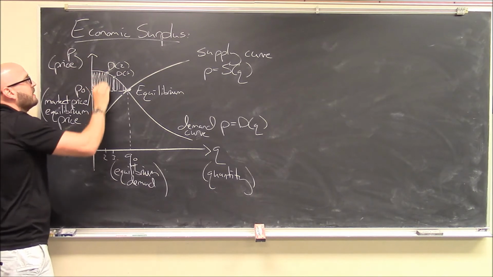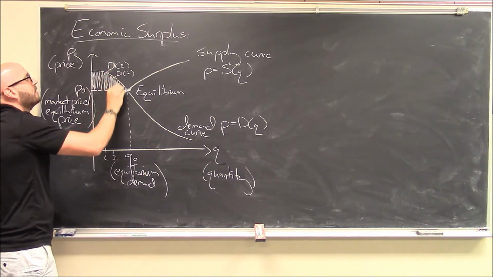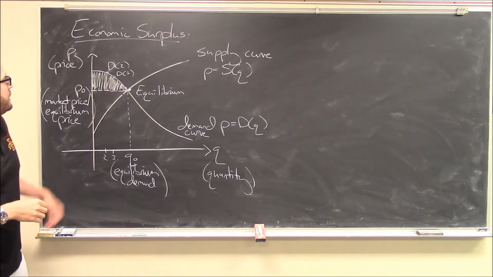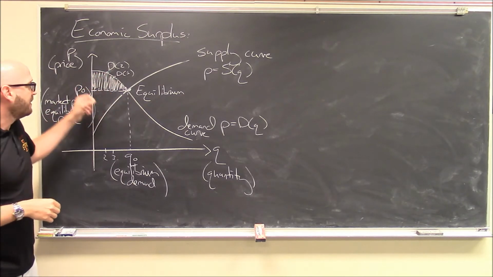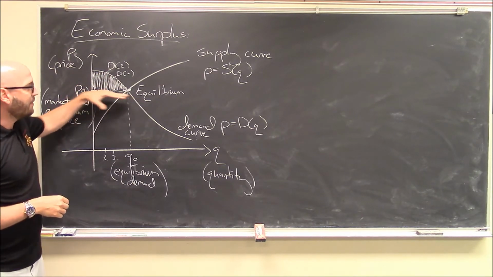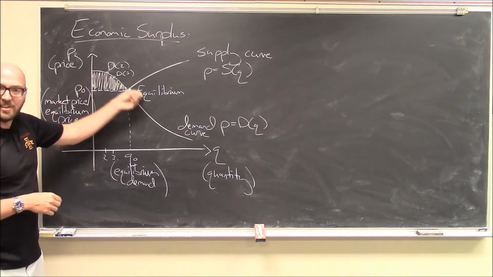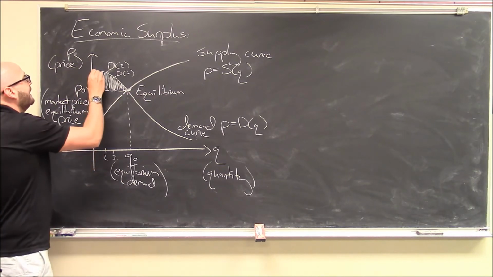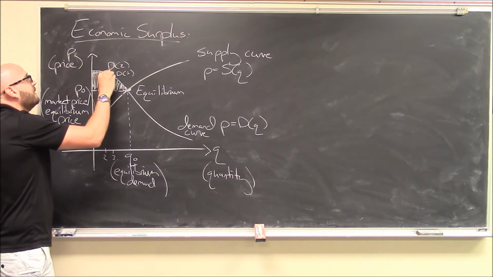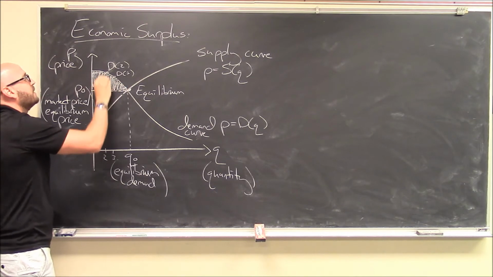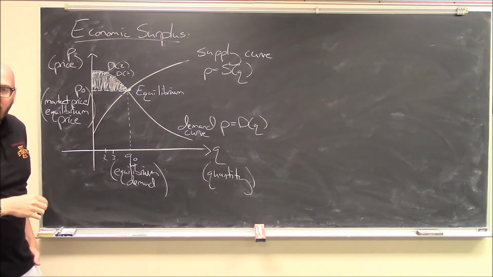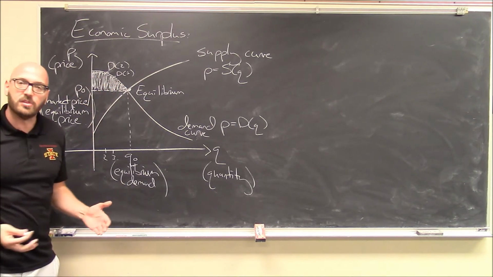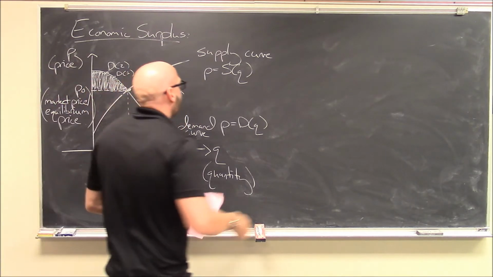Well, I'm looking for that area then. All those people essentially saved money. They saved money because the market price was set to a price less than they were willing to pay. And all the money that they saved in total is represented by this area, and that area is what we call the consumer surplus.